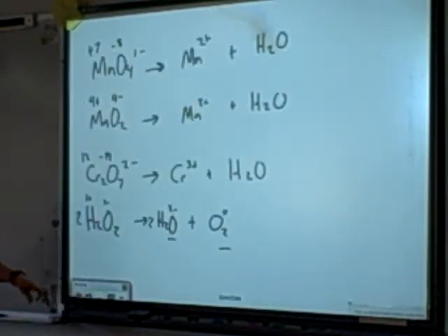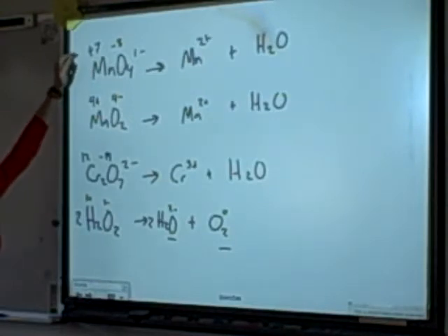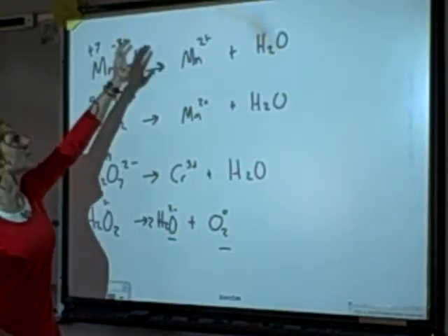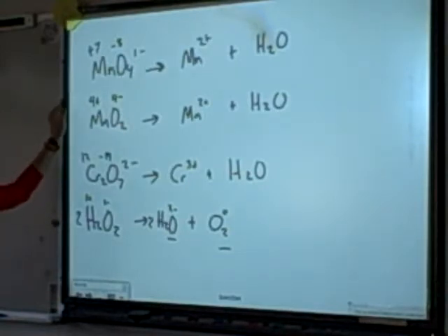Let's see why. In permanganate, the manganese has a 7+ charge. So manganese gets reduced to a 2+, meaning something has to be oxidized. So we would pair this with something that could be oxidized. For example, iron 2+ could be oxidized to iron 3+.